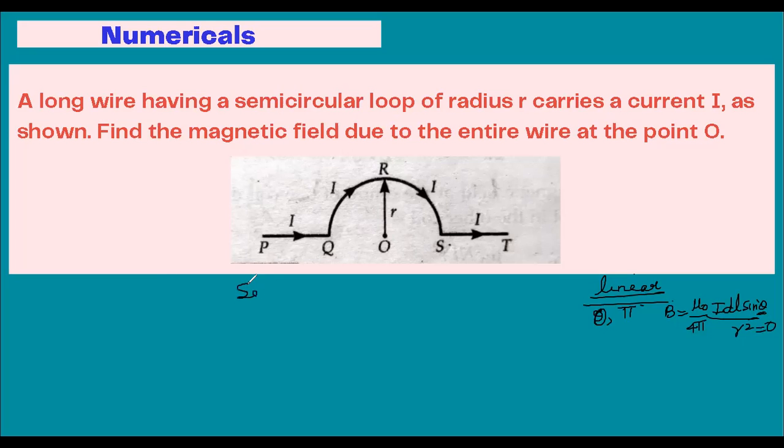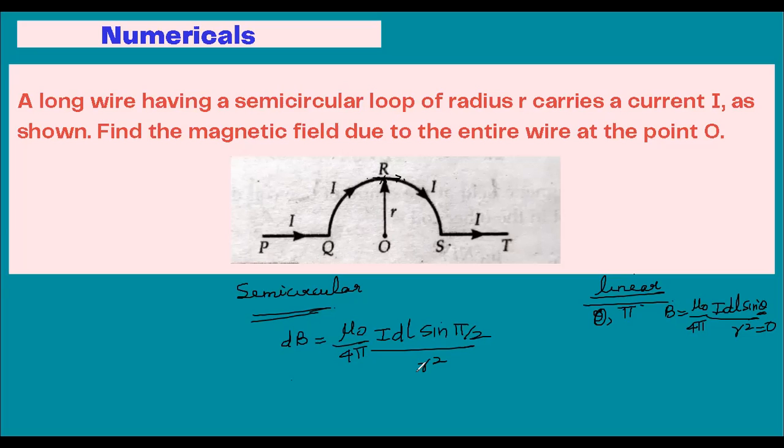Now let's find it due to this semicircular portion. So due to the semicircular portion, magnetic field dB is mu naught by 4 pi into I dl sine pi by 2 divided by r square, because at every point for any portion of the current element, r is always perpendicular to dl.